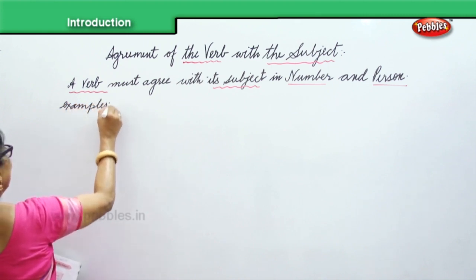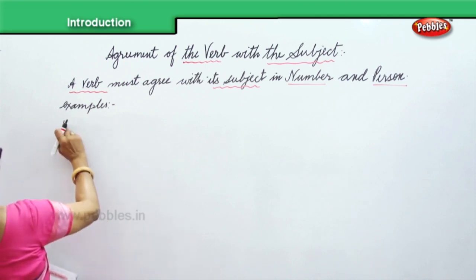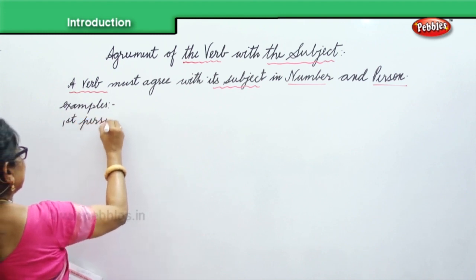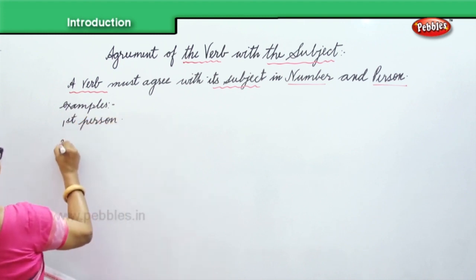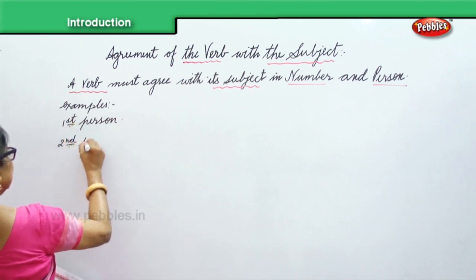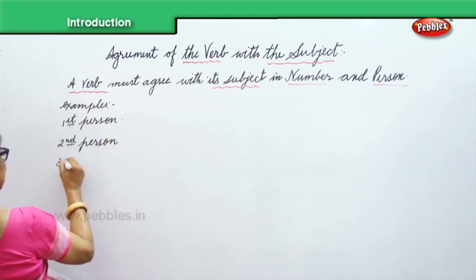When you talk about examples, you have the first person, then you have the second person, and then you have the third person.